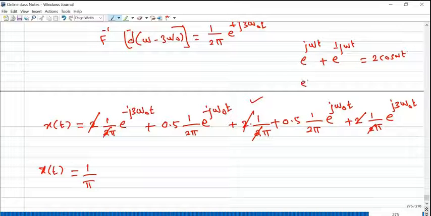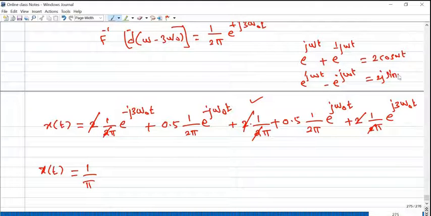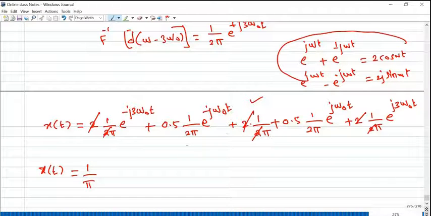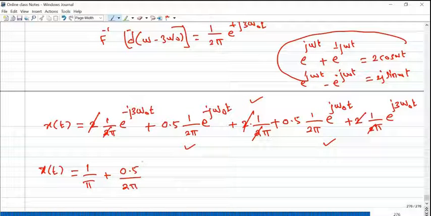E power j omega t minus e power minus j omega t equals 2j sin omega t. So using this formula, we may combine the terms e power minus j omega t and e power plus j omega t, and write down your result. So already 0.5 divided by 2 pi is a common term.